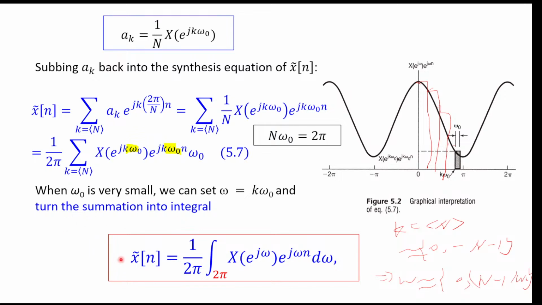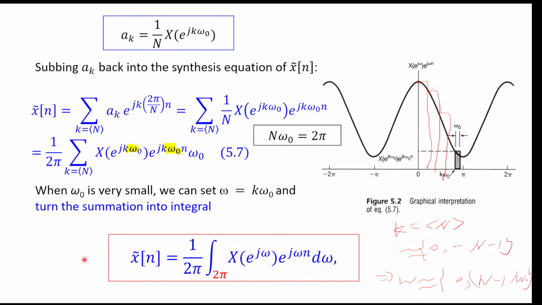And so as omega naught goes to 0, we turn this summation into an integral, and so we get x tilde of n equal to 1 over 2 pi times the integration, where the k range over big N becomes N omega naught. I should not say k omega naught, because N omega naught equals 2 pi, so the range over big N becomes k omega naught ranging over 2 pi, and then we have those two functions, big X of e to the j omega and e to the j omega n, and omega naught becomes d omega.